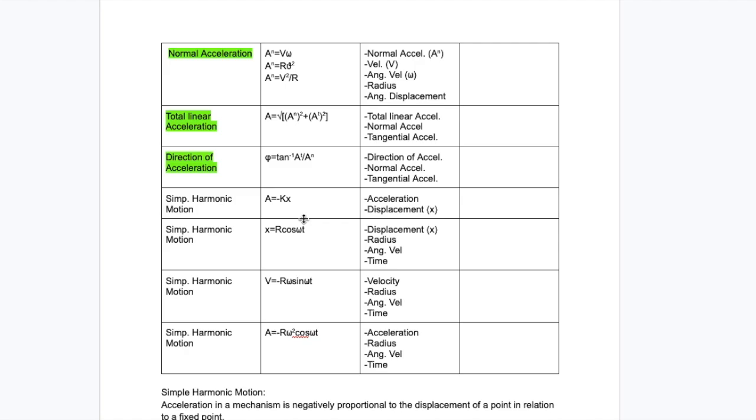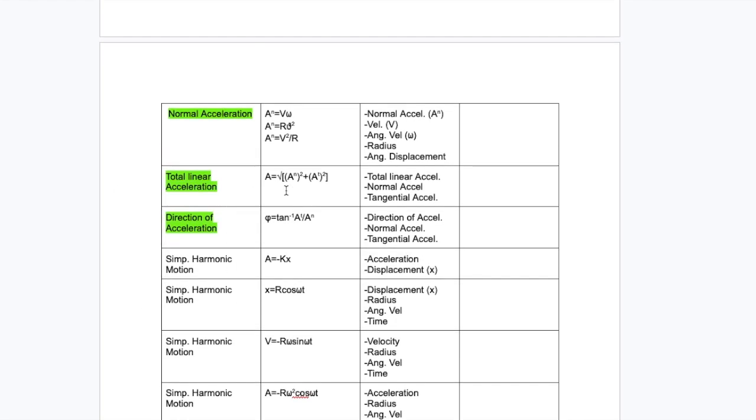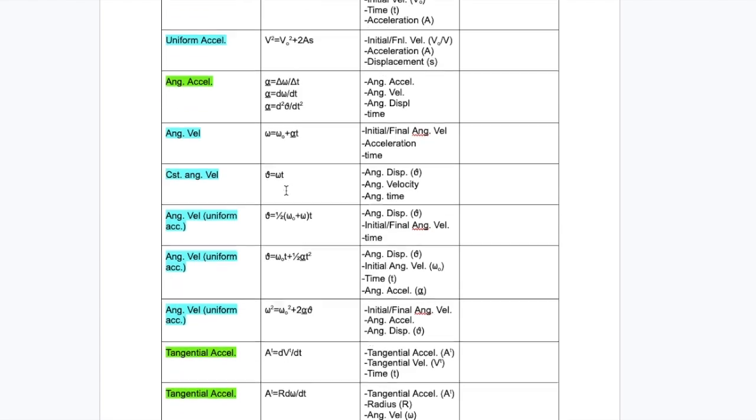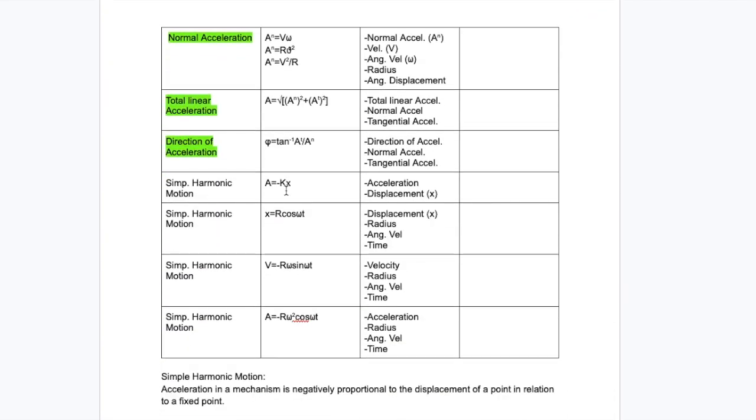This chapter goes hand in hand with chapter 3, which introduces the types of mechanisms you will be experiencing in this class, and so you'll need to know the mechanisms that require simple harmonic motion. Some mechanisms can use these formulas, some will require the simple harmonic motion.